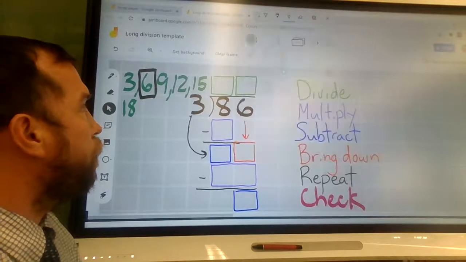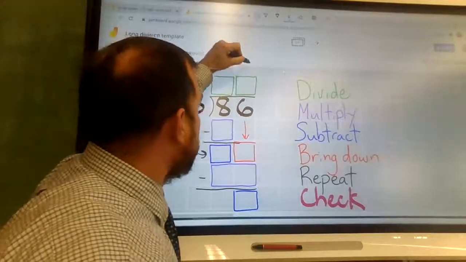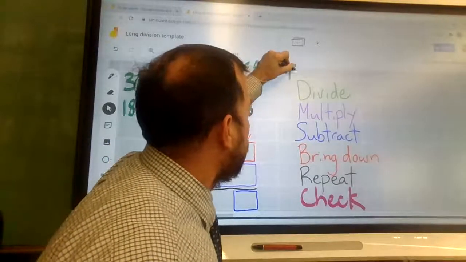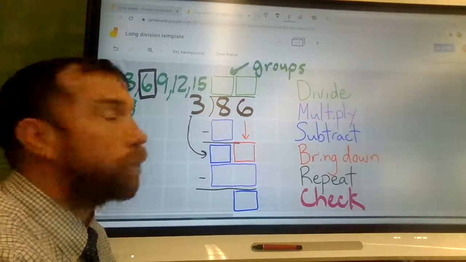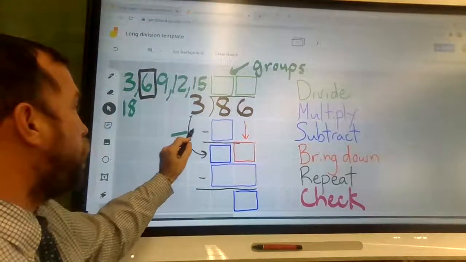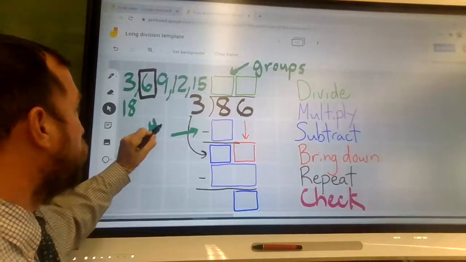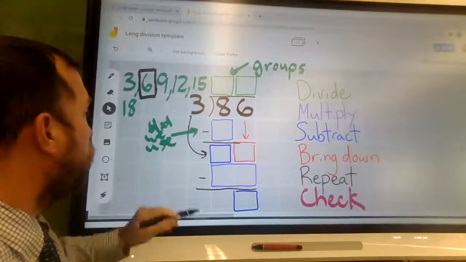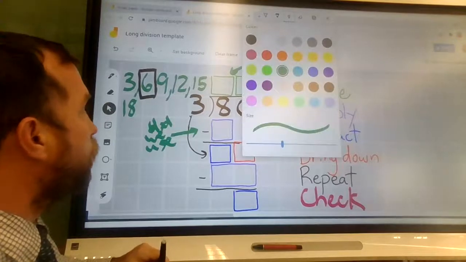Up there, the answer is how many groups did we use? I know I just erased that, but this top part is always groups. How many groups were we able to make? This one under here is how many did we use? Again, then in the blue, should have done that in purple.